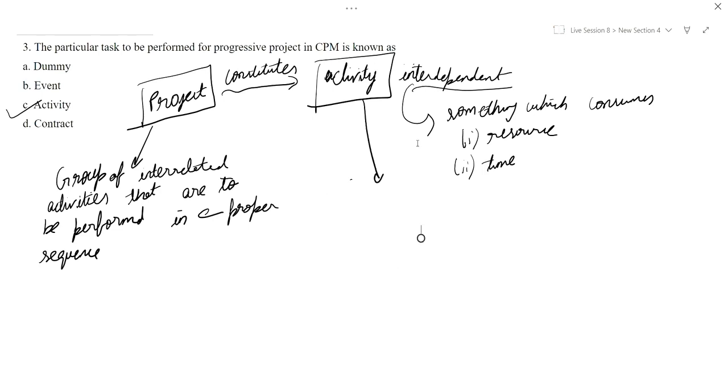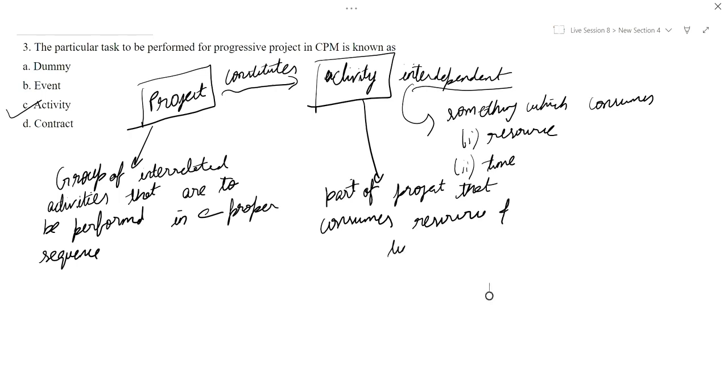Activity is part of a project that consumes resource and time. Now, next is events.